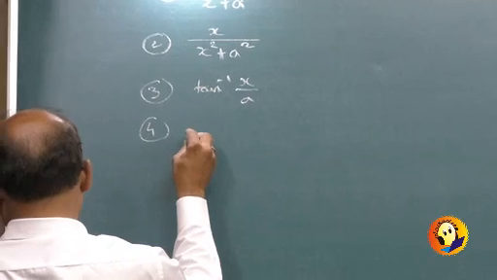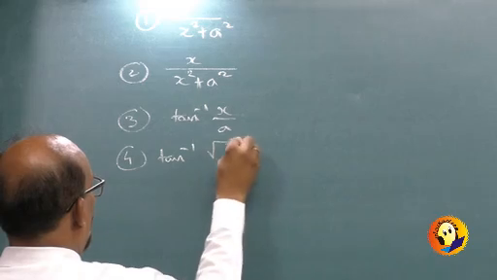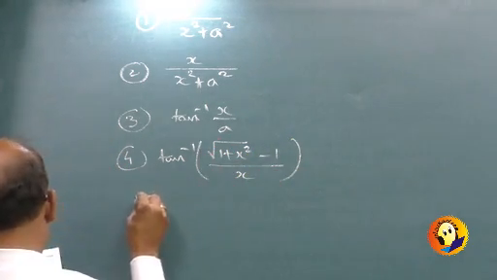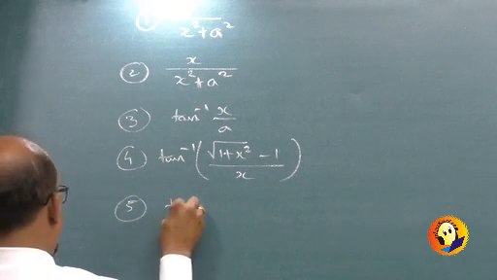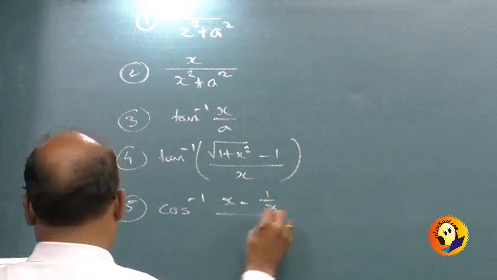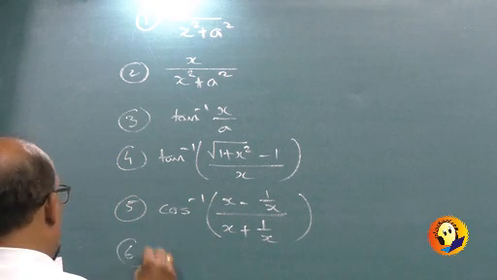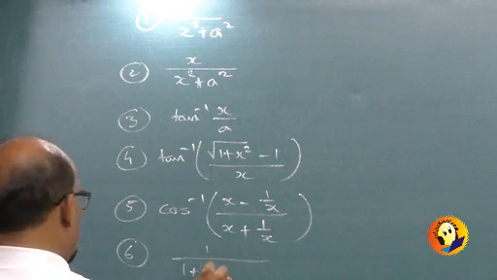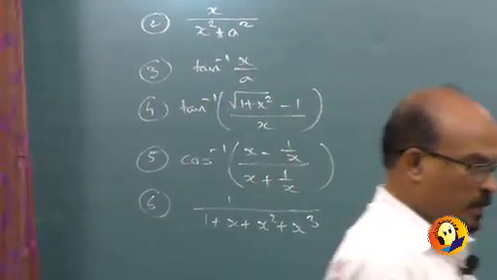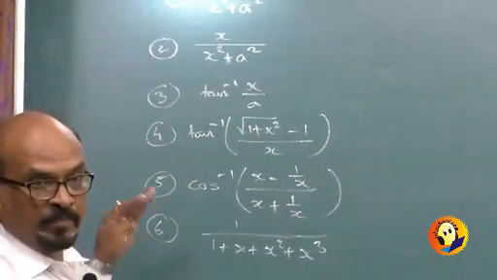Number 4, it will be tan inverse of root of 1 plus x square minus 1 upon x. Then it will be cos inverse x, then x minus 1 upon x plus 1 upon x, and 1 upon 1 plus x square plus x cube. And we don't have any formula for any one of them, right?